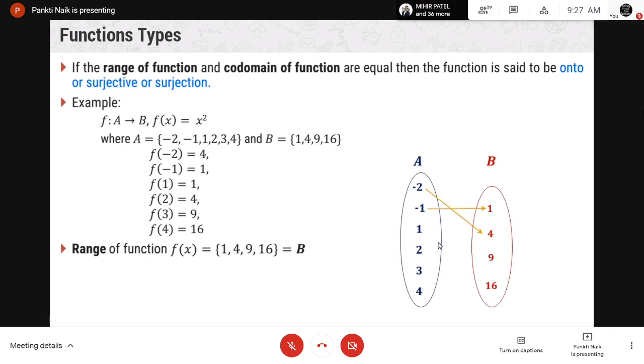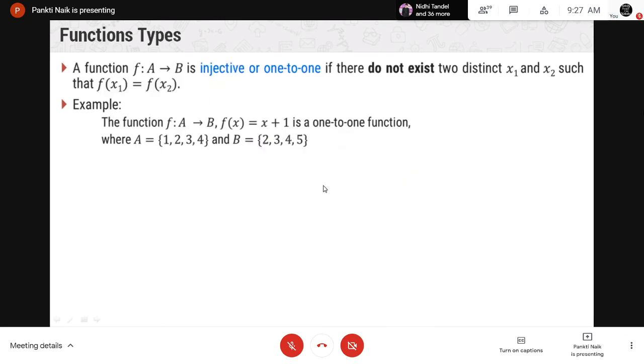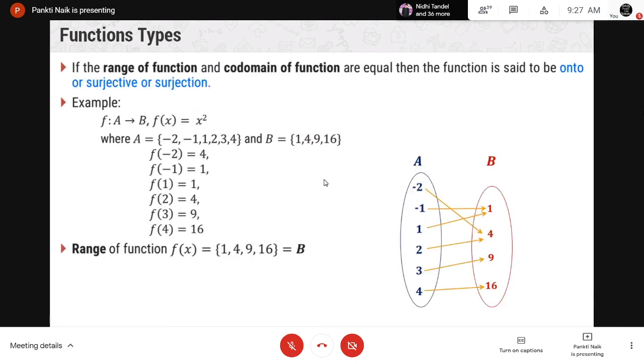So this is our domain and this is our codomain. All the domain points to elements in B, so the range is equal to B. So our codomain is B and our domain is A. And here the codomain of the function is equal to the range of the function.